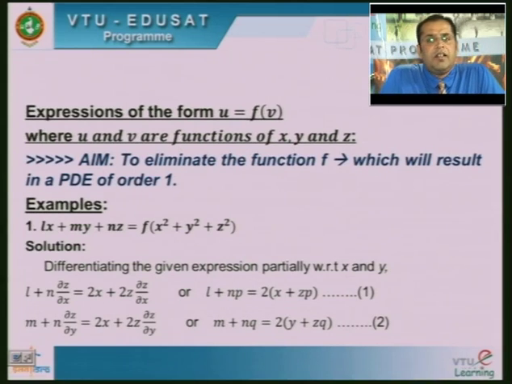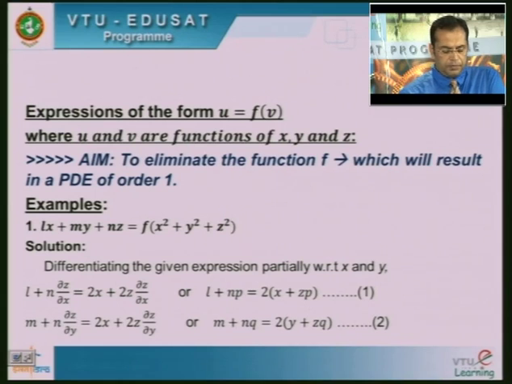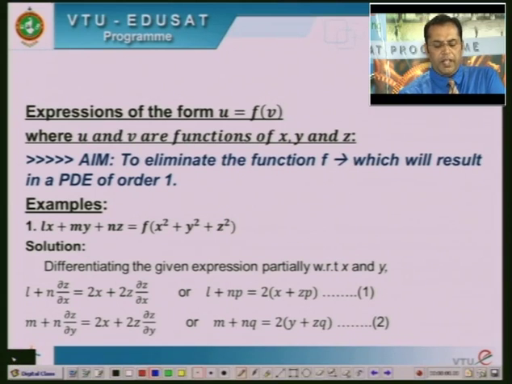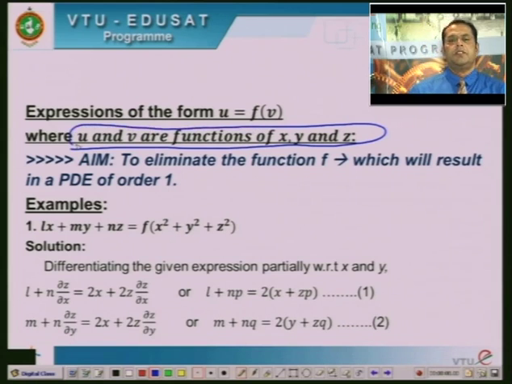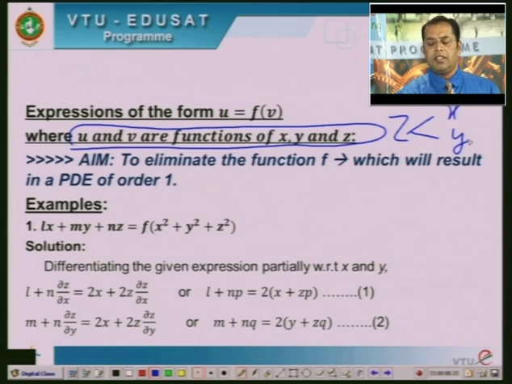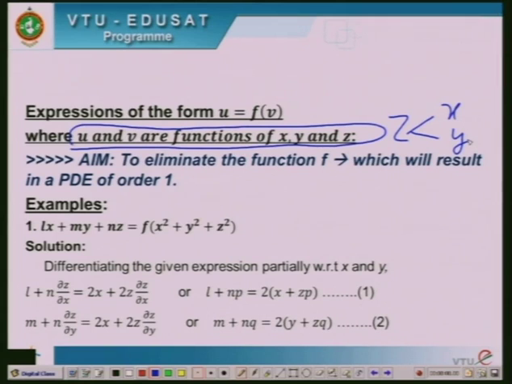As I said earlier, we will consider two relations. First, a relation in the form u equal to f of v, where u and v are functions of x, y and z. Notice that even though u, v are functions of x, y, z, z is the dependent variable which depends on x and y.